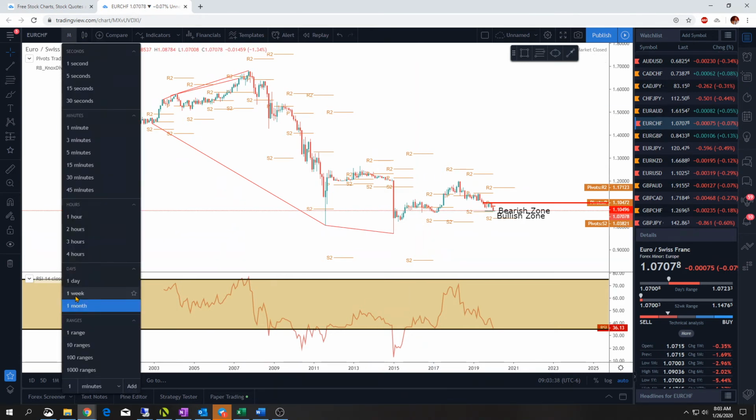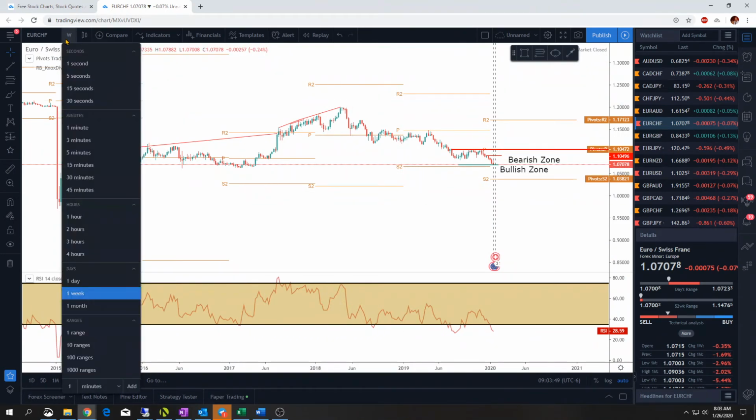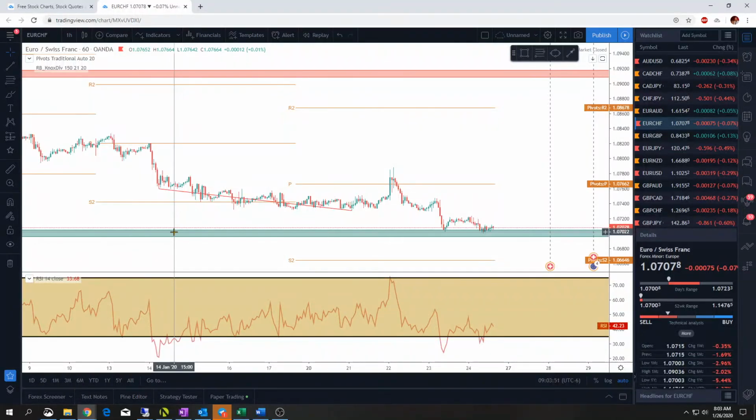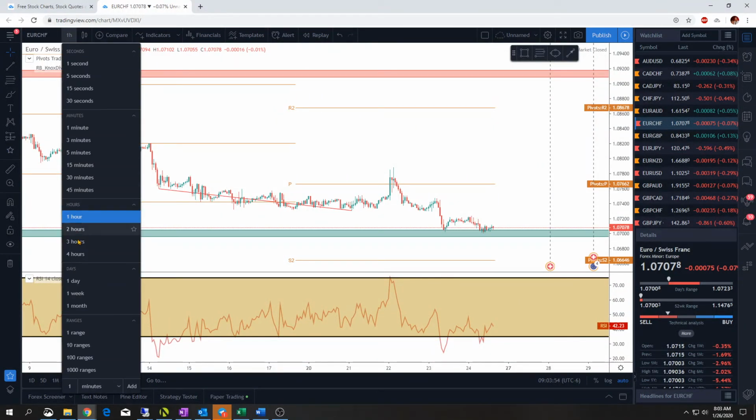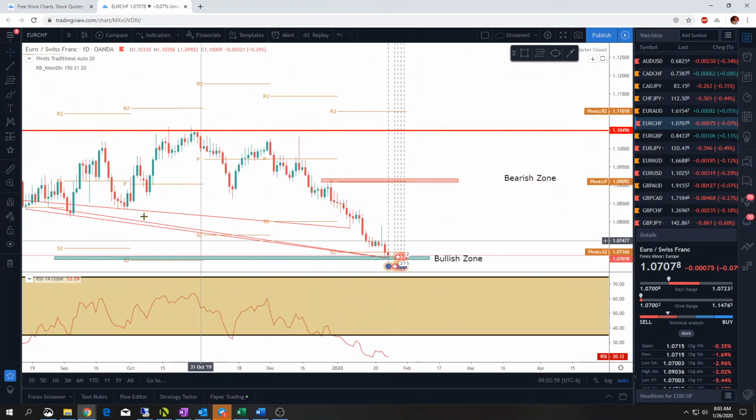Go to a weekly chart, you're sitting right where it turned around before, right here. So there's a lot of signs that you're going to get a good pullback coming on this pair. When I see this divergence, I see it sitting on S2, I see a missed pivot. I'm looking for at least a move halfway up to this pivot, or possibly shoot all the way up and touch that pivot. So I'm going to definitely keep this one red.